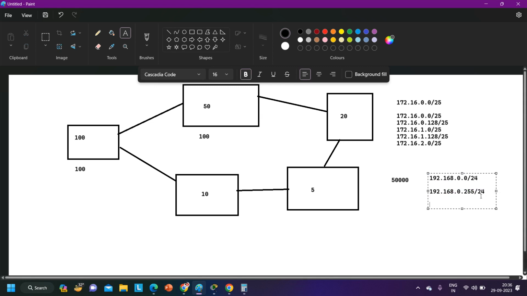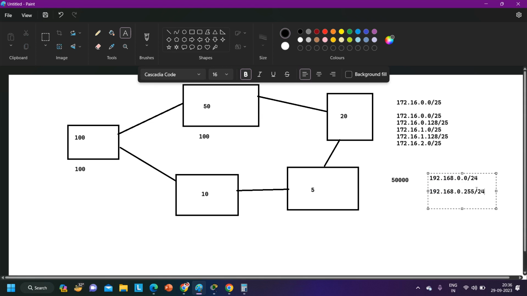Here we don't have space now, because these bits are for host. In host bits, the minimum value will be 8 times 0 and the maximum value will be 8 times 1. So the minimum value is 0 and the maximum value is 255. And these 24 bits are network bits.